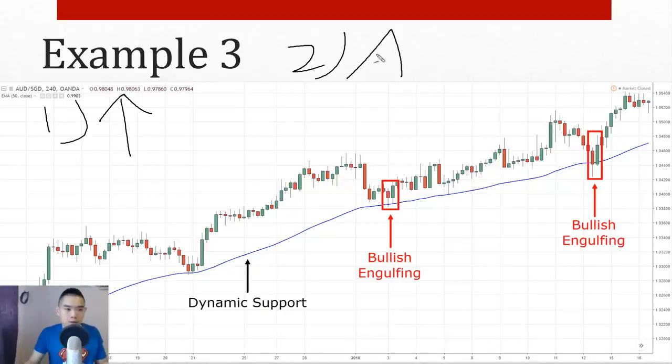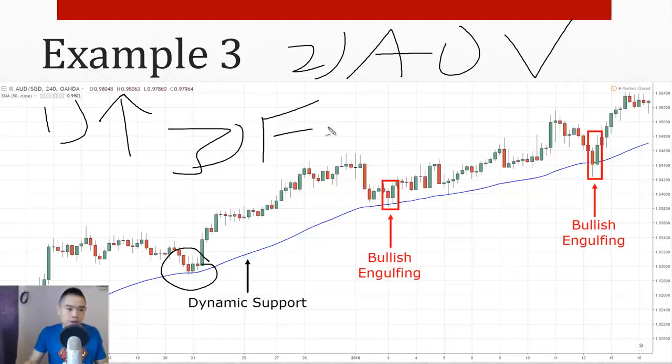Second thing, area of value. Do we have an area of value to trade from? Well, seems like it, because the price has been respecting the 50 MA here, here, here, and here. Number 3, entry trigger. Do we have an entry trigger? Well, seems like it. We have a bullish engulfing pattern over here, a sign of reversal, rejection of lower prices.